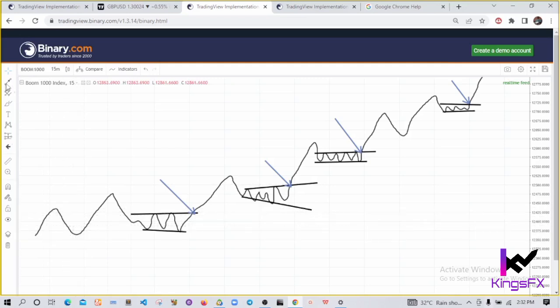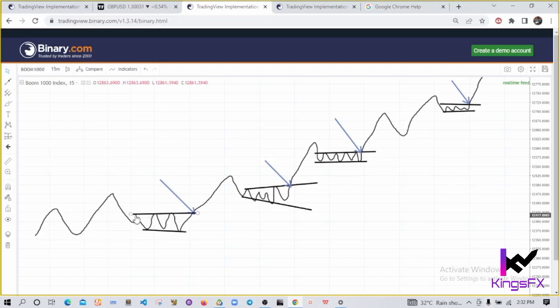Like at this point, you can see the price makes a swing high right here, then a swing low, then a swing high. At the swing low, the price starts ranging. You can see how the price ranges at that point.